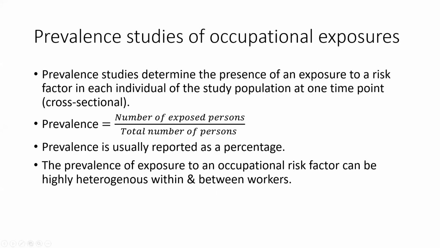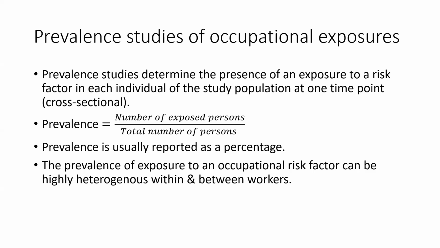Colleagues, first of all, it's important to note what we mean when we talk about prevalence studies of occupational exposures or exposure to occupational risk factors. Prevalence studies are basically those that determine if an exposure to a specific risk factor, in our case an occupational risk factor, is present or not in an individual of a study population at one point in time.